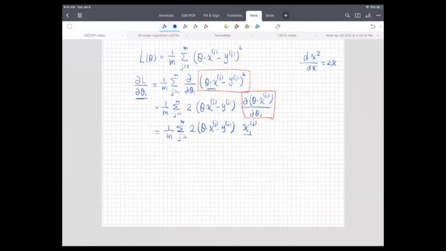The rest is the same and doesn't depend on the index. If I rewrite this term, 2 is a constant, and this difference is simply the prediction for the j sample minus the actual observation.